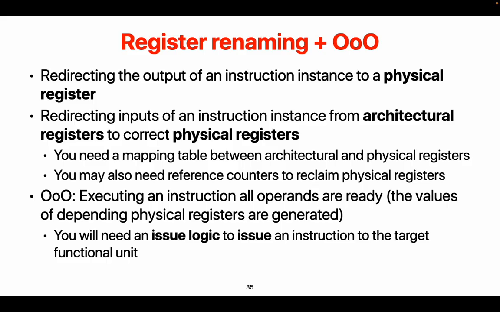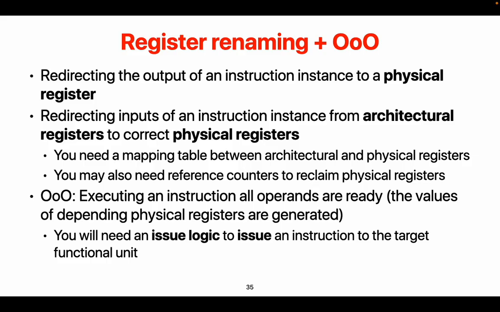So what happens here is that there will be a mapping table, which is pretty much like the virtual memory abstraction, right? Whenever an architectural register comes in, it will dynamically allocate a physical register if the instruction is leading to a new output of that architectural register. And the mapping table would tell you where you can find the up-to-date value associated with that architectural register.